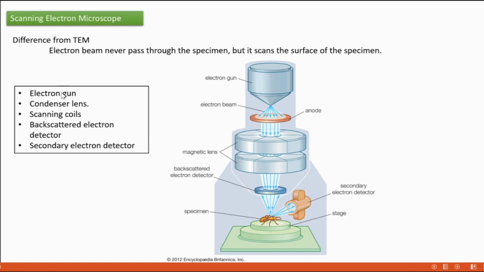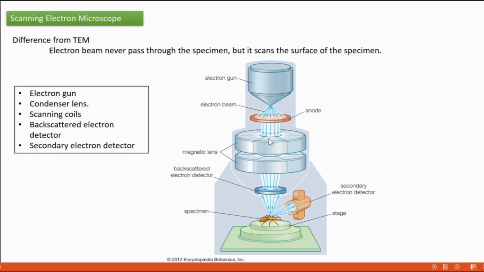Here also an electron gun is there. I think everybody has studied the transmission electron microscope. For those who studied and understood it very well, this is very easy to understand. So, the scanning electron microscope's parts: an electron gun for emitting the electrons, that may be a cathode, and here is an anode for accelerating the speed of this electron beam.